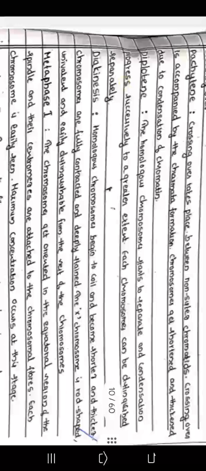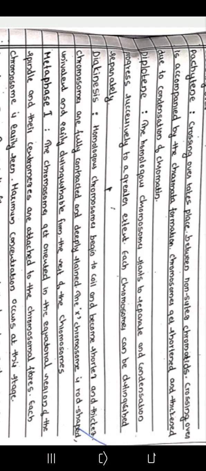Then pachytene. Crossing over takes place between non-sister chromatids. Crossing over is accompanied by chiasmata formation. Chromosomes get shortened and thickened due to condensation of chromatin. Then diplotene. The homologous chromosomes start to separate and condensation progresses to a greater extent.